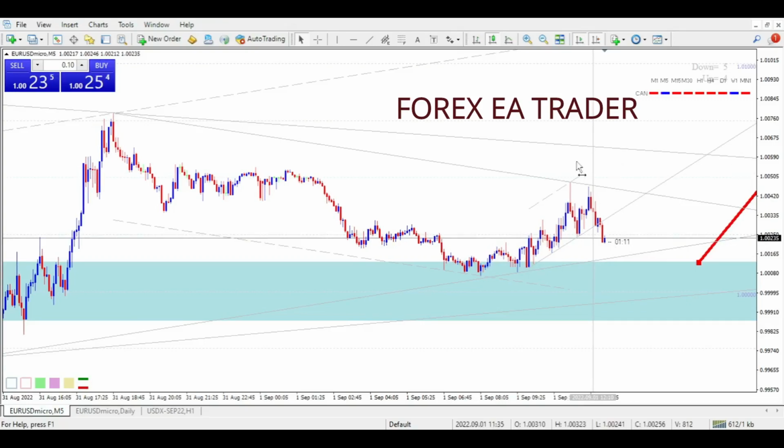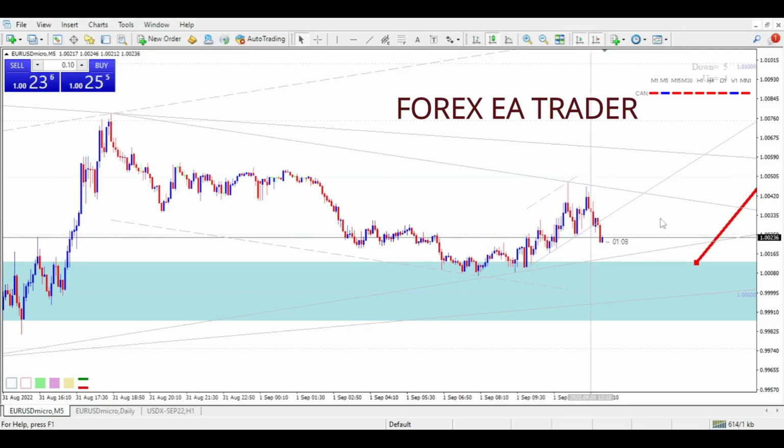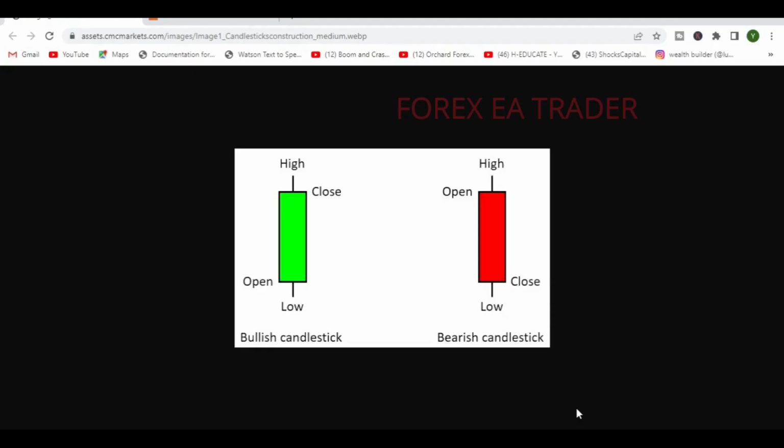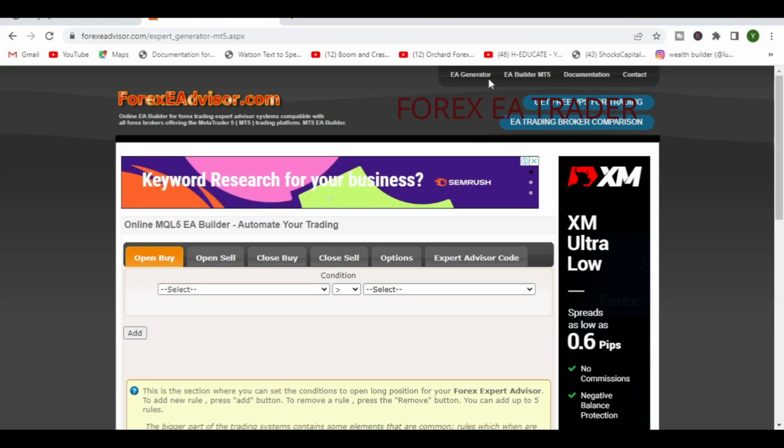So we are just going to create a robot that would do that. If you are on MT5, it's a good thing. Here we'll probably just use this right now. Using this EA builder, you can create for MT4 or for MT5.